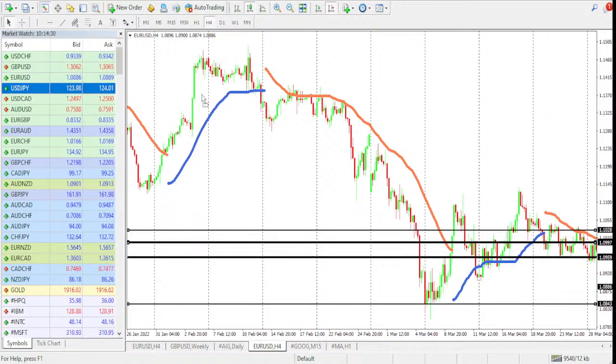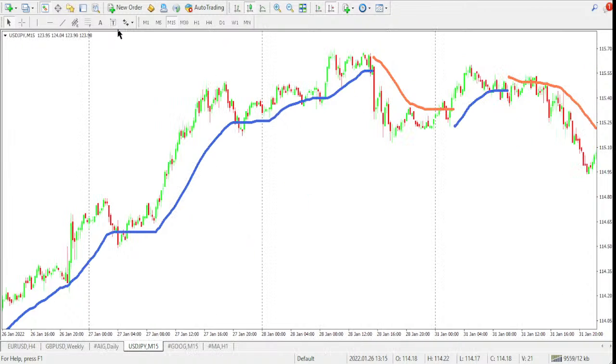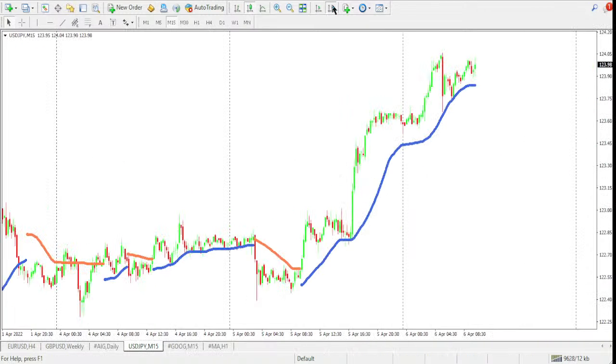The next instrument is the US dollar Japanese yen. With the US dollar Japanese yen so far, you can see what happened. In the past, we've had very good buy positions. Yesterday, we had a buy from this point here. We had a buy from when the price was somewhere here.